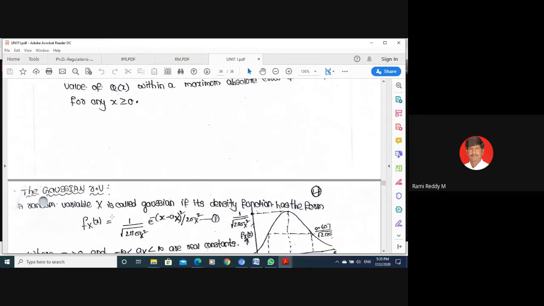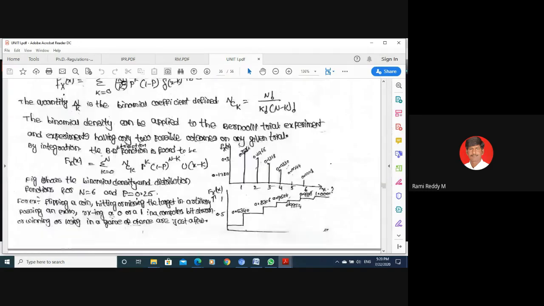The next random variable is the binomial random variable.